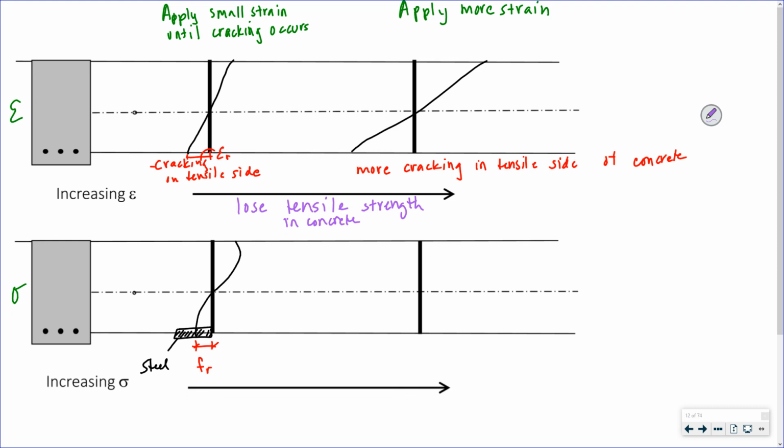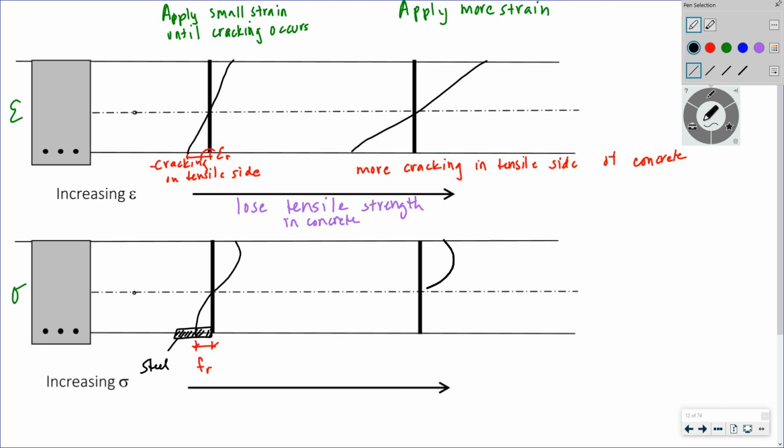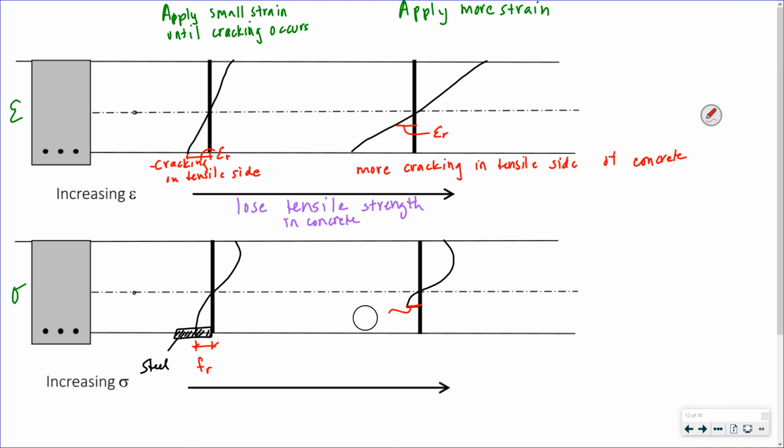So there can't be any stress in my concrete. If I look at my stress profile, let's say it's cracked until about there, right? If it reaches the strain associated with rupture, that's my stress.